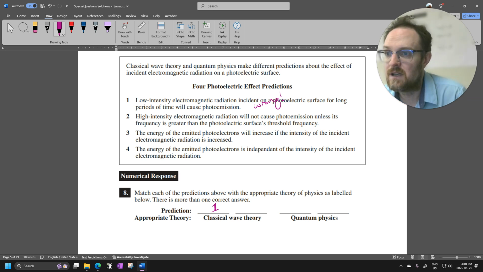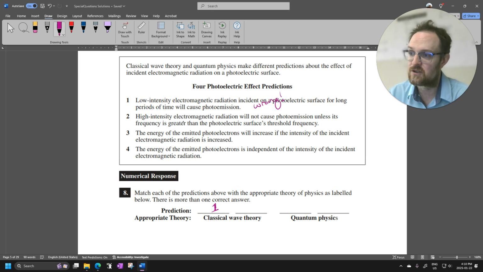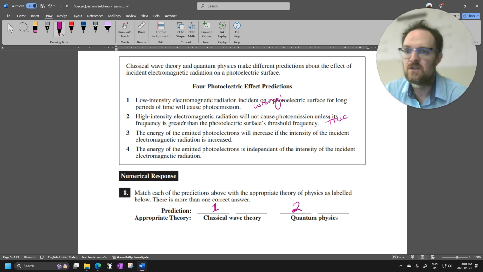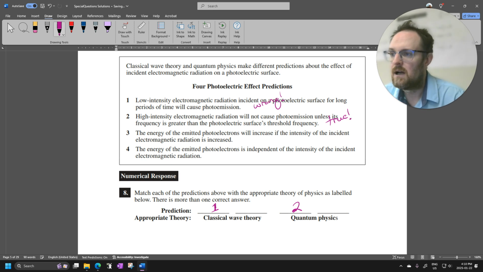Okay, high intensity photons will not cause photon emission unless the frequency is greater than the threshold frequency. That's true. You've got to bypass that threshold frequency, have enough energy, and that is quantum mechanics. Okay, true. The energy of the emitted photon will increase if the intensity increases.